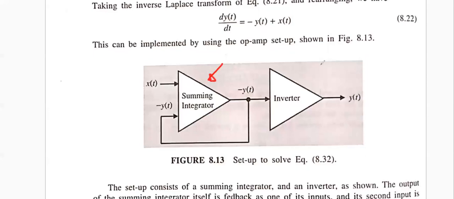One is this and another one is this. This one is just to invert the signal, shifting the phase, but this one is used for both summing and integrating the signal, which actually works like a filter in this case.